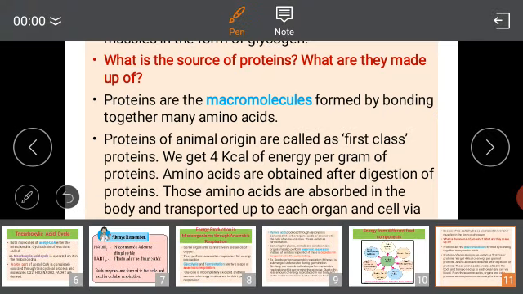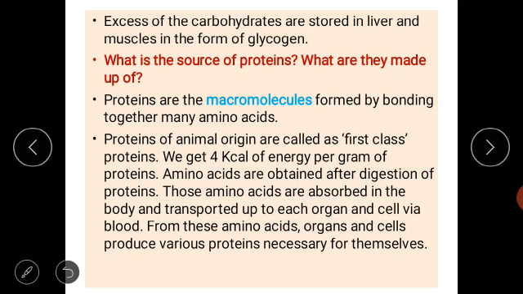So if you consume 1 gram of protein, it can give you 4 kilocalories of energy, which is less than the carbohydrate, or less than the energy obtained from the lipid.